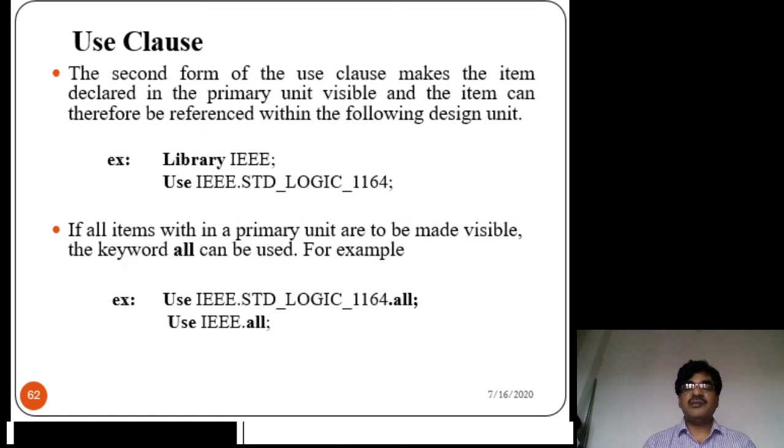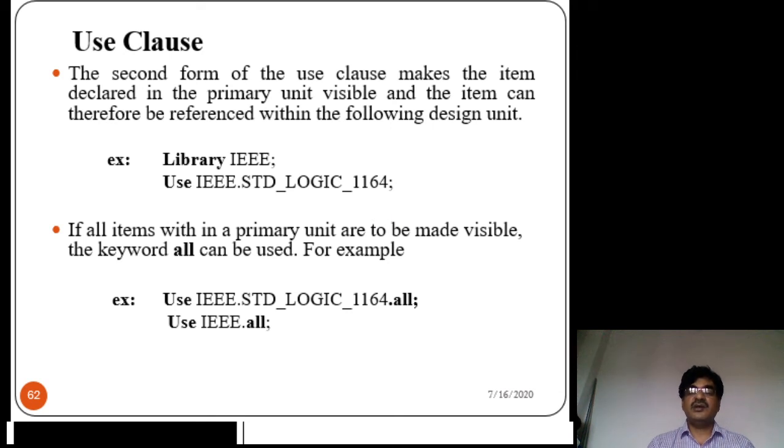See the other examples also. The standard library in the language is IEEE. It is made visible by the statement library IEEE. From that library, here we are opening one package named standard logic 1164. How can you open it? Using use IEEE dot standard logic underscore 1164.